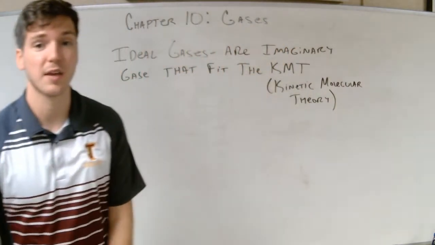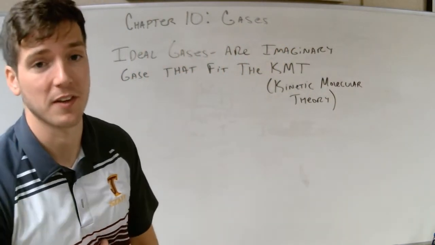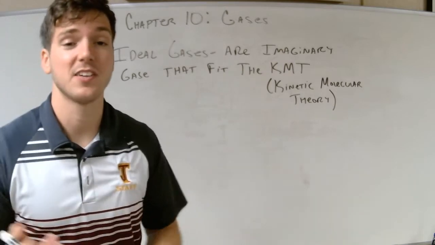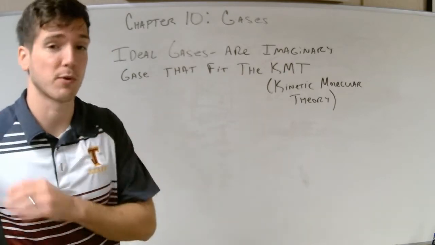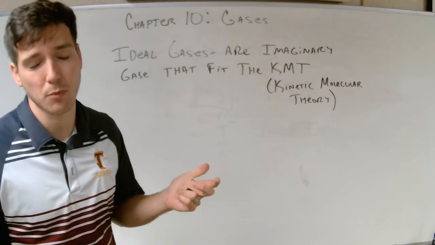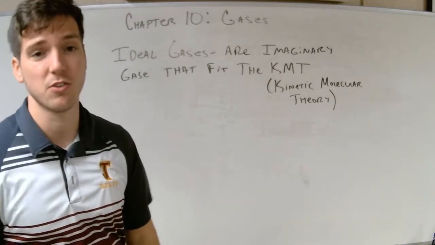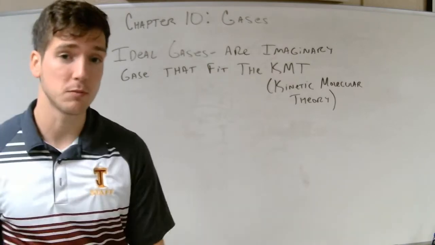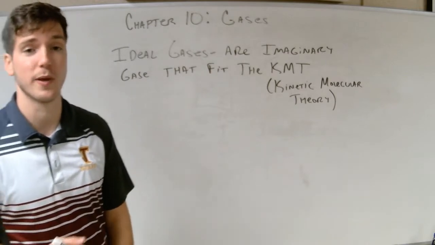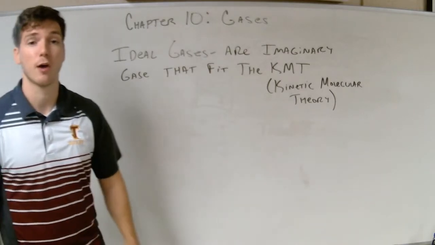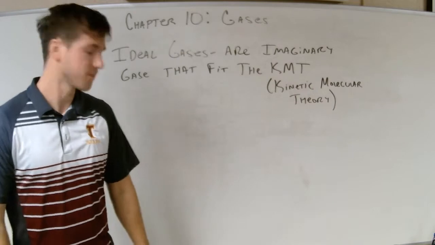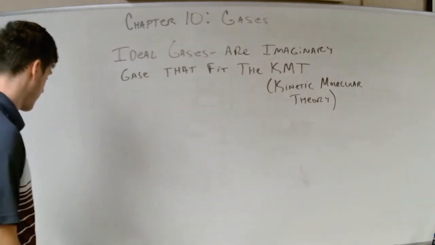What is kinetic molecular theory? We'll talk about that in a little bit. But again, ideal gases, these are just a certain set of parameters that we gave them so that we could do some simple calculations and predict what gases do. Ideal gases are not real. Okay, again, it's just this nice situation, so we can have a rough estimate of what real gases are going to do.